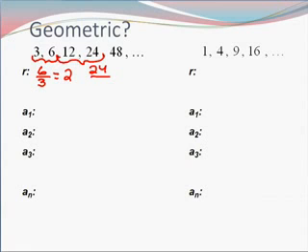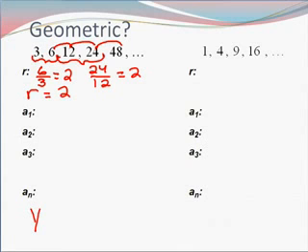So 24 over 12. That's also equal to 2. And if you just take a look, 6 to 12, that's multiplying by 2. 12 to 24, 24 to 48. So r is going to equal 2.